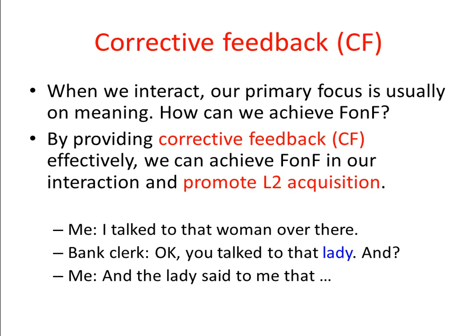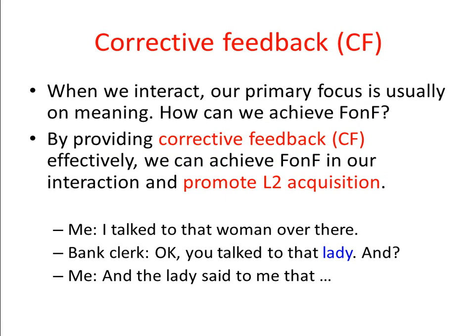And when we interact with each other, usually our primary focus is on meaning. So when we talk, we try to understand each other. Okay? So our primary focus is on meaning. Then how can we achieve focus on form? We can achieve focus on form by providing corrective feedback effectively.